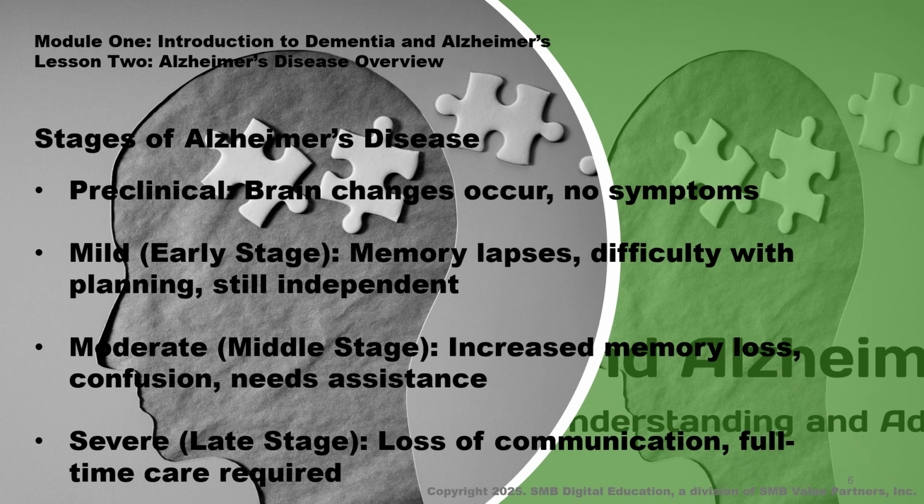The moderate stage brings more pronounced memory loss and confusion, requiring help with daily tasks like dressing or managing finances. In the severe stage, communication is minimal, and individuals need full-time care as they lose the ability to respond to their environment. Each stage presents unique challenges for patients and caregivers. Now let's explore the biological underpinnings of these changes.